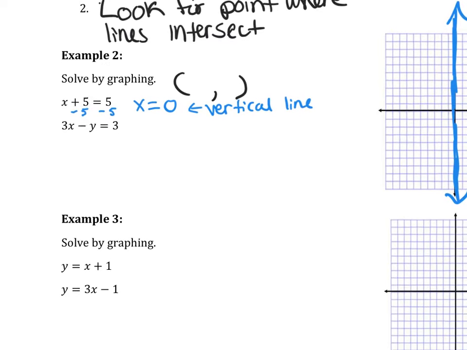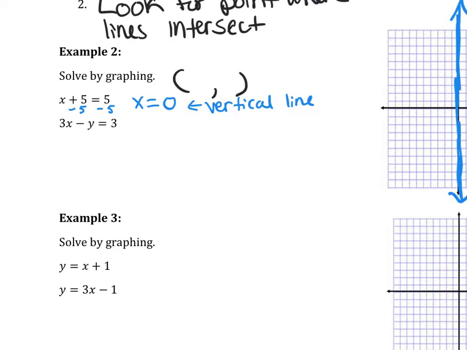For our second one, we can get y by itself. This is similar to one of the problems on the warm-up today. If we get y by itself, then it'll be in slope-intercept form, which you guys love so much. So we can subtract 3x from both sides. Remember, the 3 and the x are one term, so you have to move them together.